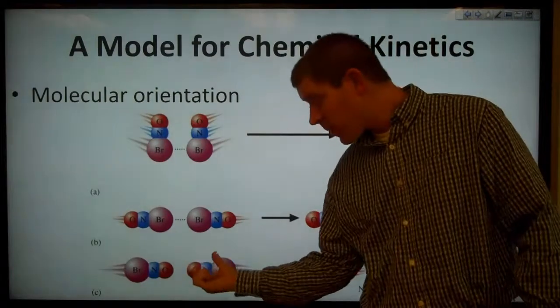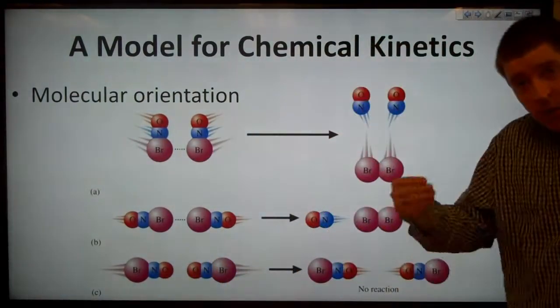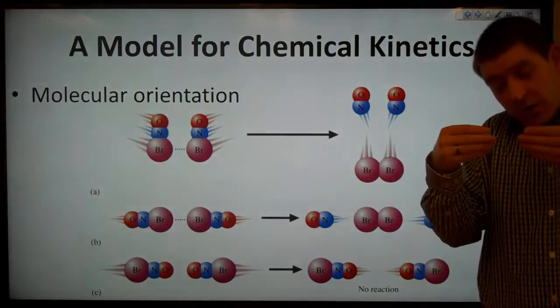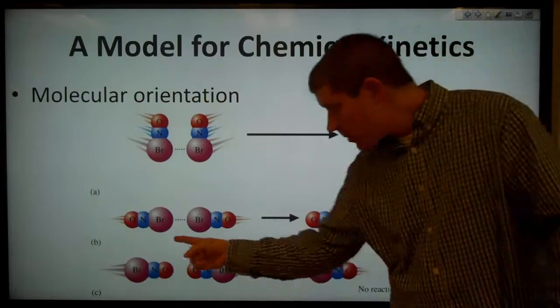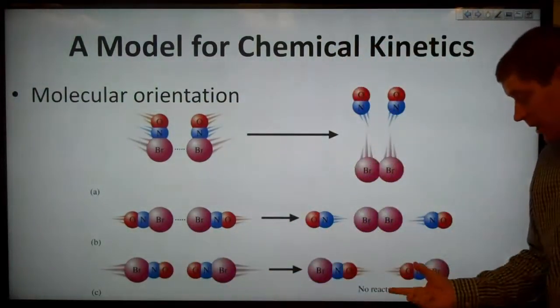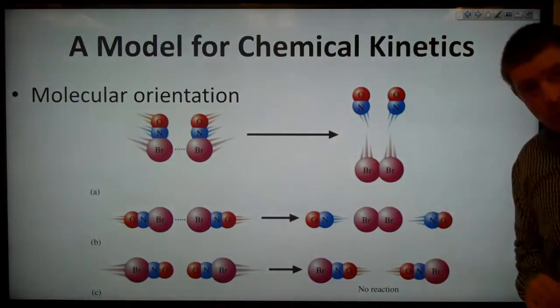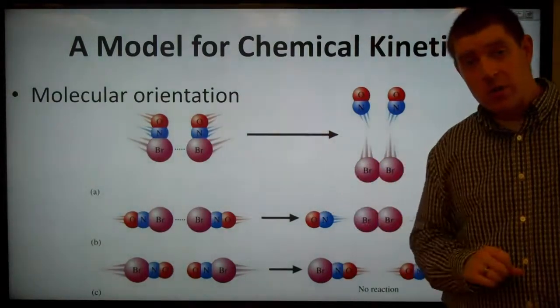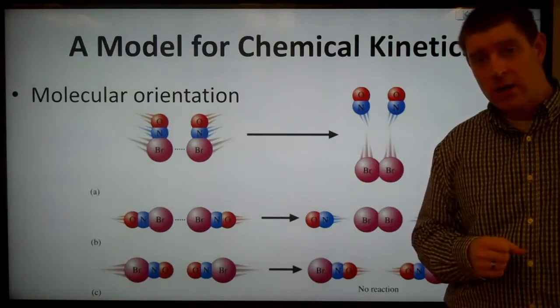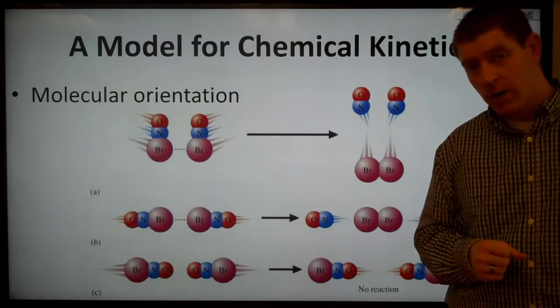But note that if we turn them around, and now we have our oxygen atoms coming together, well, now we're not interested in forming a bond between our oxygen atoms. We need to form a bond between the bromine atoms, but the bromine atoms are too far apart now. And so in this case, they're going to collide and they'll bounce off of each other. So the molecular orientation has a big part to do with whether or not the molecule will react.